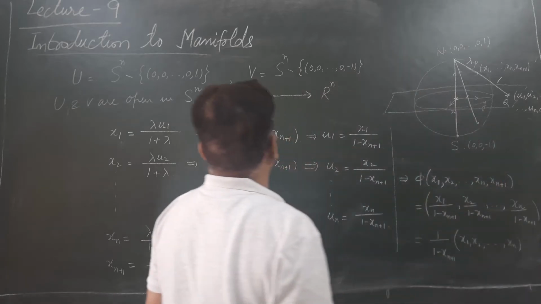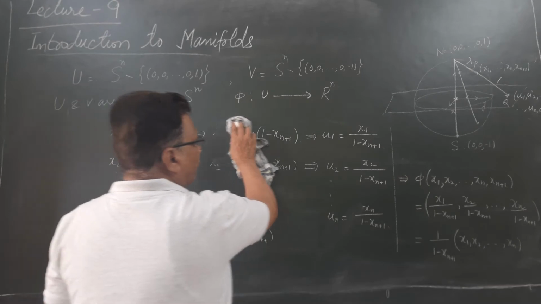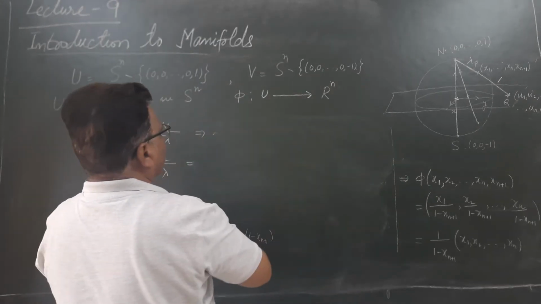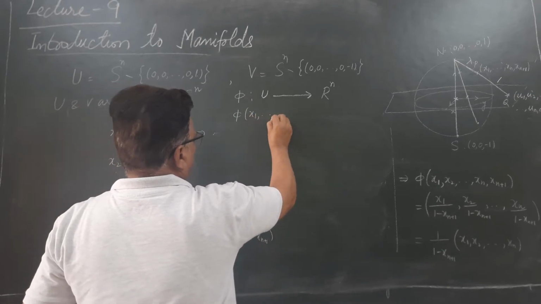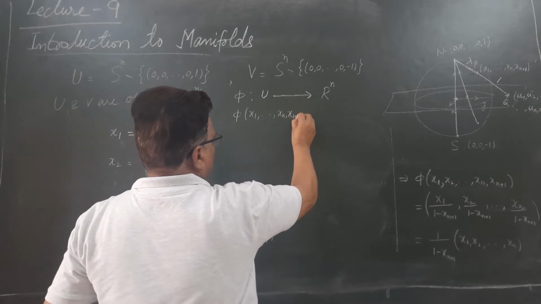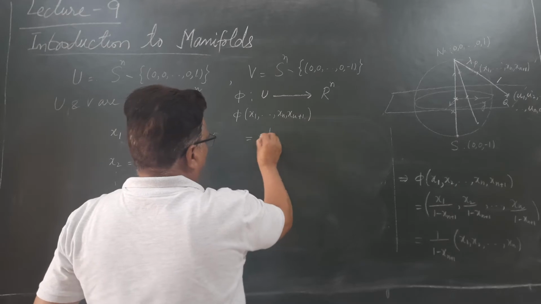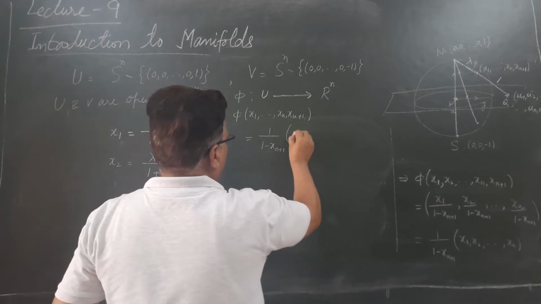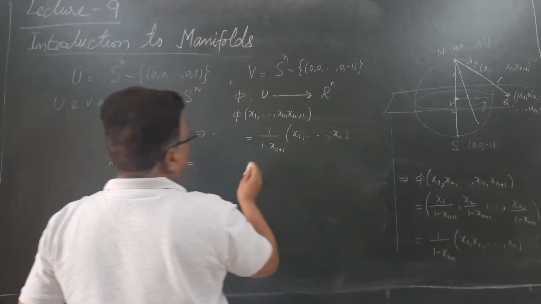So this is how phi is defined. So stereographic projection phi on U is determined. Let me rewrite its definition. So phi of (x1, x2, ..., xn, xn plus 1) has been found. It comes out to be 1 upon 1 minus xn plus 1 into (x1, x2, x3, ..., xn).